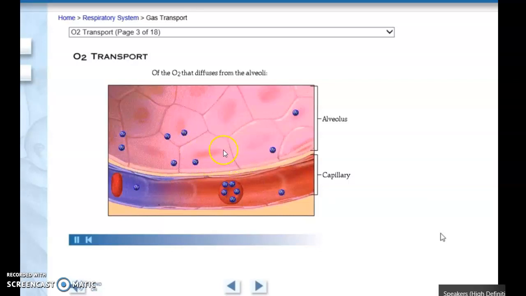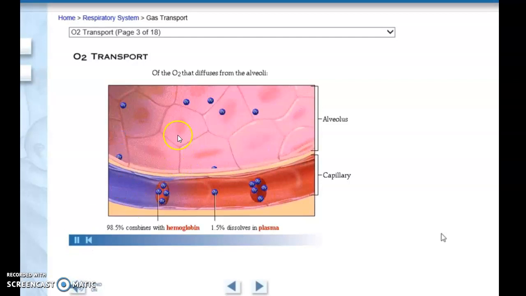But what we want to concentrate on in this lesson is, where does oxygen go once it goes into the bloodstream? We know that the majority of it is going to attach to a red blood cell, attached to the hemoglobin, specifically the iron on the heme groups in the hemoglobin, and then a small percentage of it will just diffuse directly and stay in the plasma of the blood.